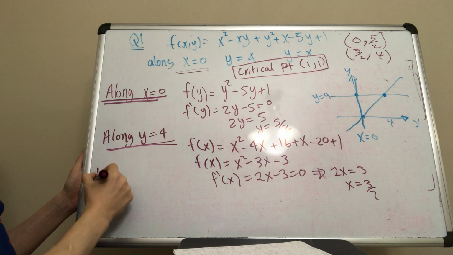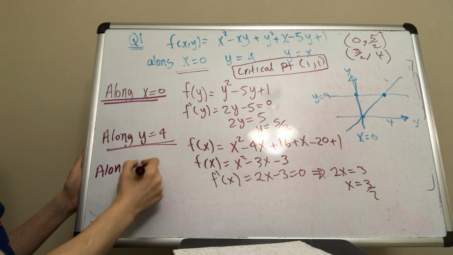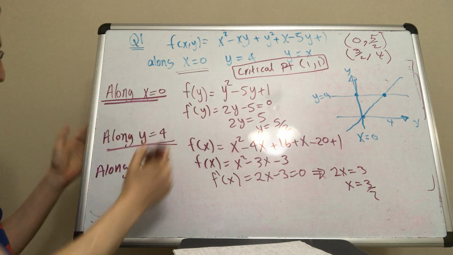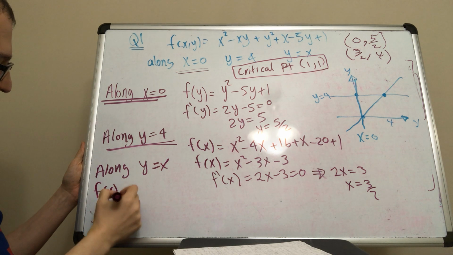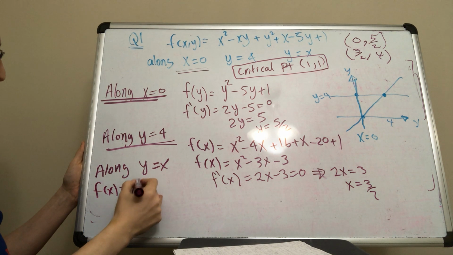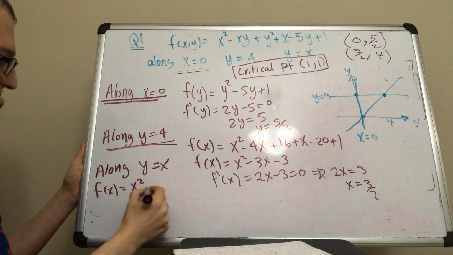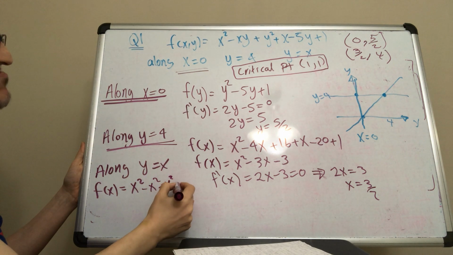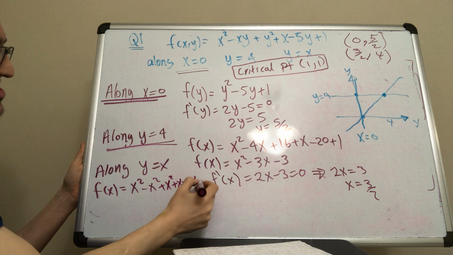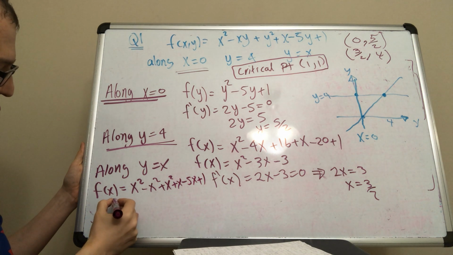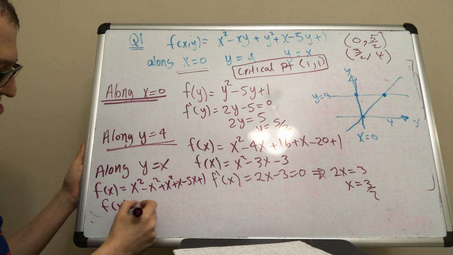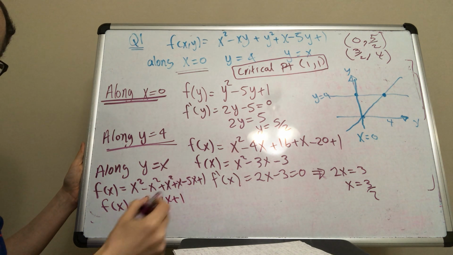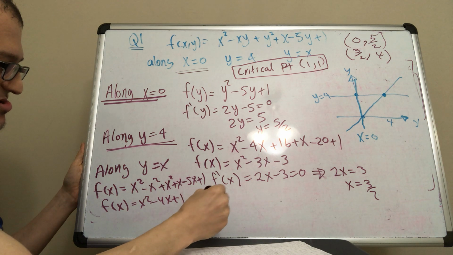We find along y equals x, which is the last one. You plug in x, so the function becomes x squared. You put x here, minus x squared, plus x squared, plus x, minus 5x, plus 1. So the function becomes x squared minus 4x plus 1. You find the critical point for this.